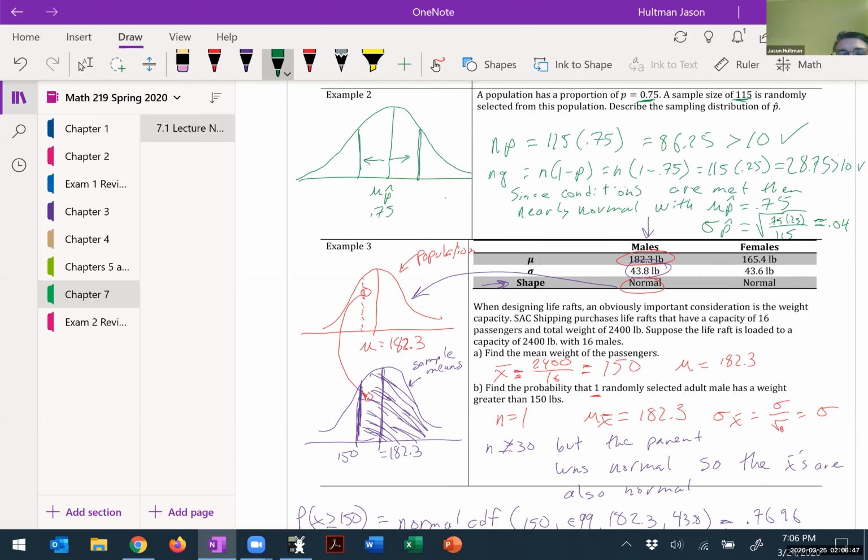Well, I would add 0.04. So on the graph it would be 0.75 and then 0.79, and that would be one standard deviation. For two standard deviations, I would add another 0.04, that would be 0.83.